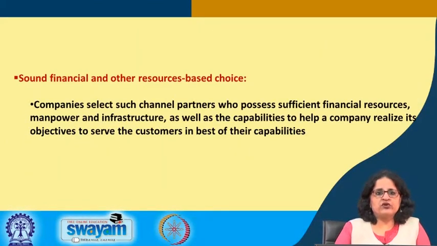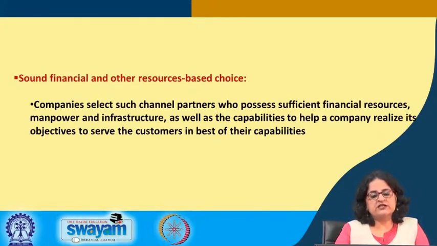Companies also look for sound financial and other resources in their channel partners. One of the key factors which they look for while selecting channel partners is the financial condition of the channel partner and the kind of infrastructure which is available with him.